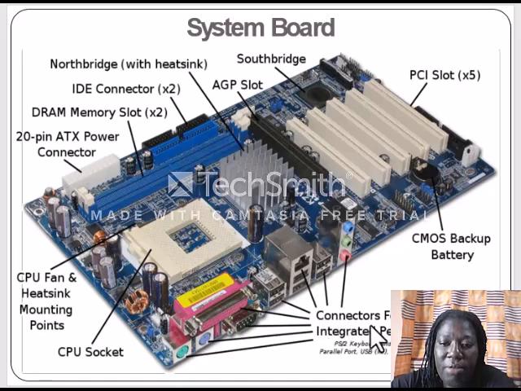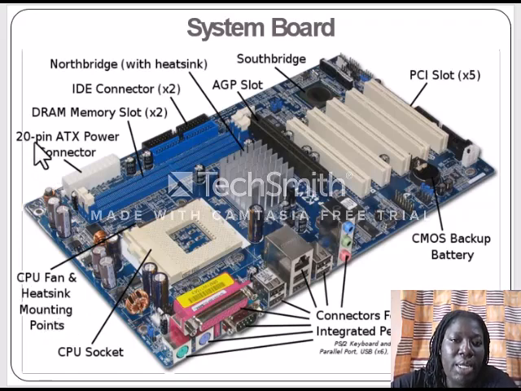The integral peripherals. Look at them. Look at the connectors. And I believe we know what each color means. These are the connectors that will connect you. Then we have the CPU circuit, the CPU fan. The fan is somewhere here, or the heat sink, and the CPU fan and the heat sink mounting points.